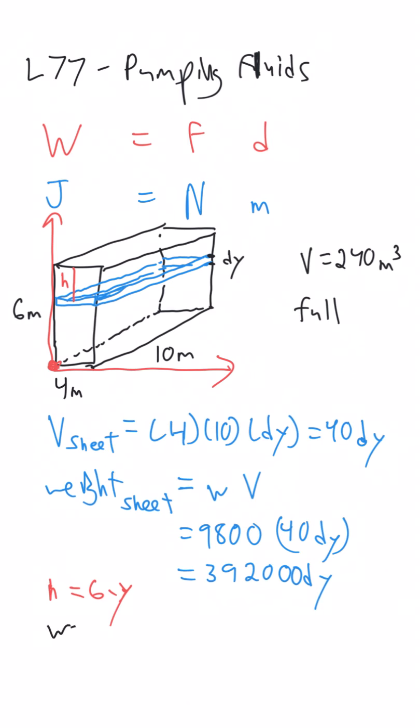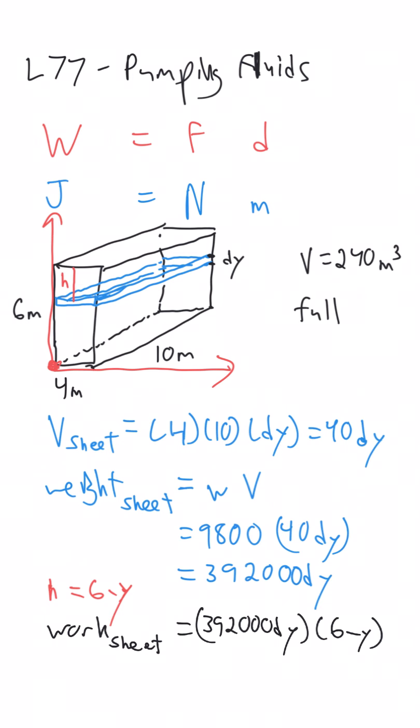So how much work is done on just one sheet of water to remove it vertically out of the tank? Well, how do you get work? It's force times distance, or 392,000 dy newtons times your height of 6 minus y. That is the work required to get a sheet out.